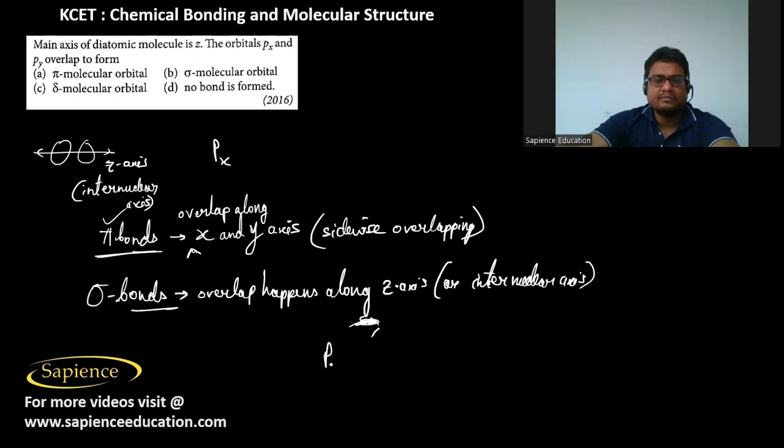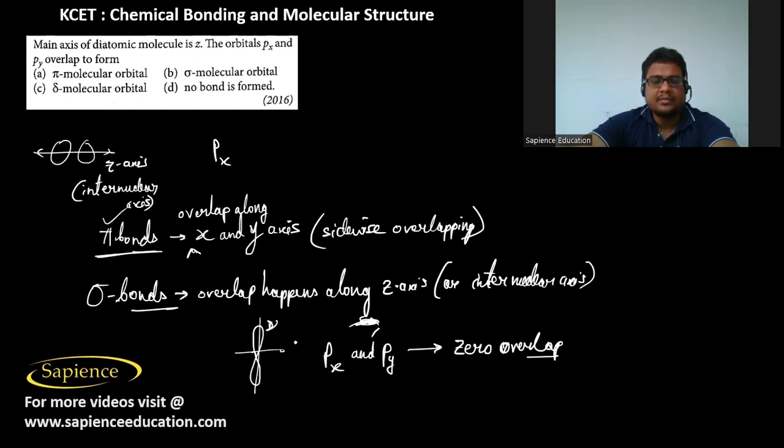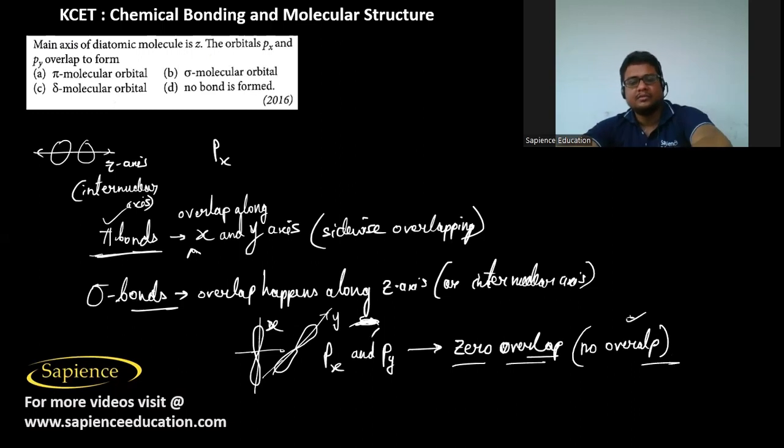And px and py cannot overlap, there will be zero overlap. It means they will not overlap, since px is oriented along the x-axis and py is oriented along the y-axis. So there will be no overlapping. Zero overlap or no overlap means no bond is formed. It means neither sigma bond nor pi bond will be formed here. So hence no molecular orbital will be formed.